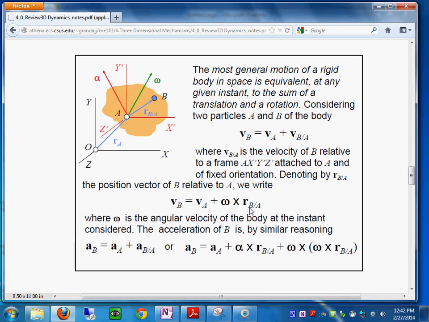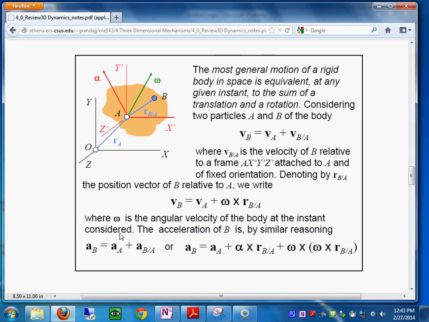The acceleration of B is, by similar reasoning, the acceleration of A plus the relative acceleration between the two of them. And then we will add the relative acceleration, which now has a tangential component and also a rotational component.